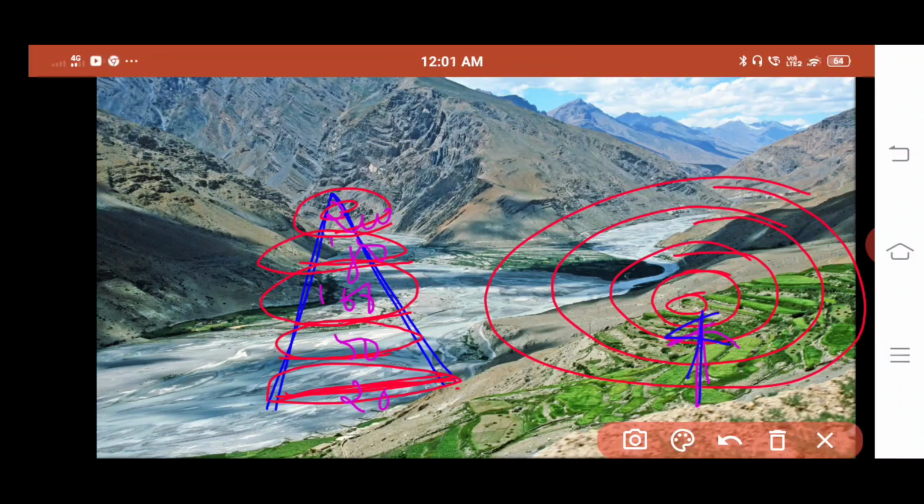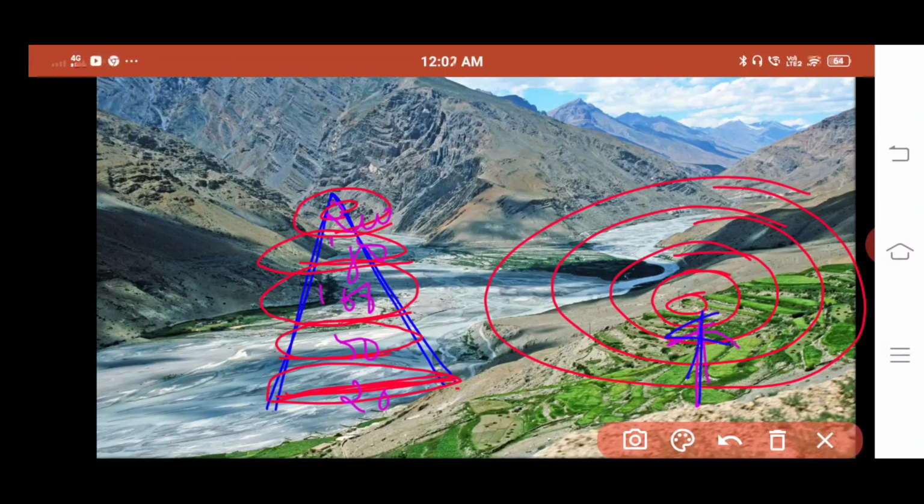I hope you understood very clearly, children. Contour lines are nothing but lines joining the places of the same height. These lines show the same height of the place. That is why contour lines are also called isolines. Understood? You can take any other object as an example, and easily draw these contour lines.